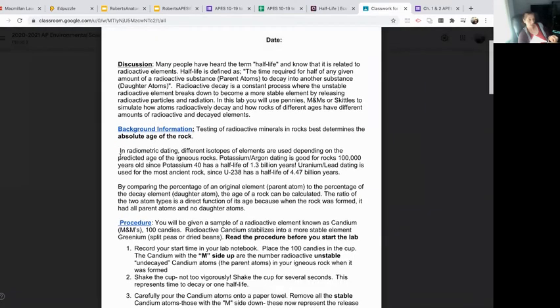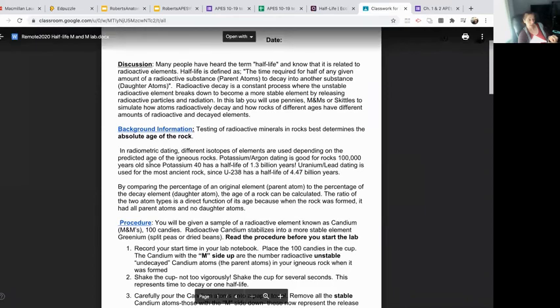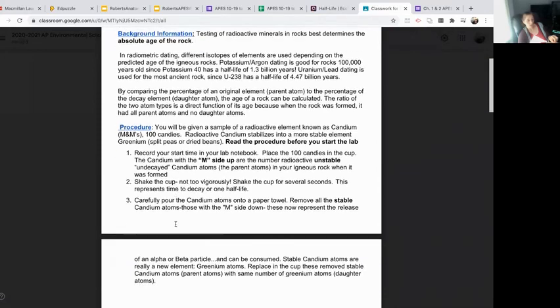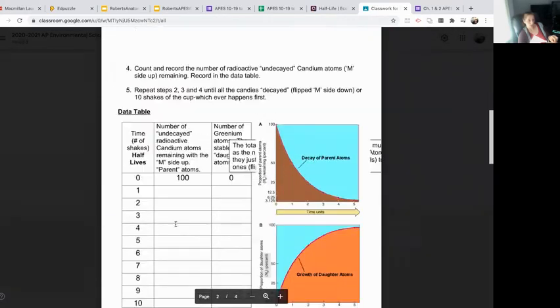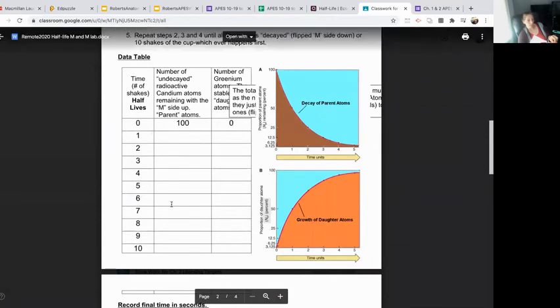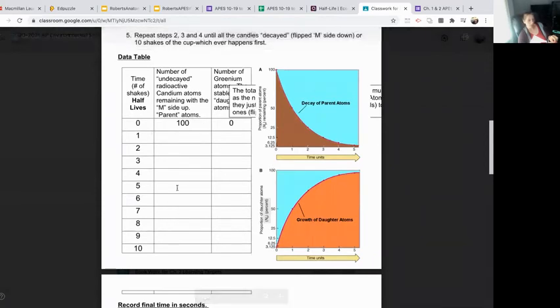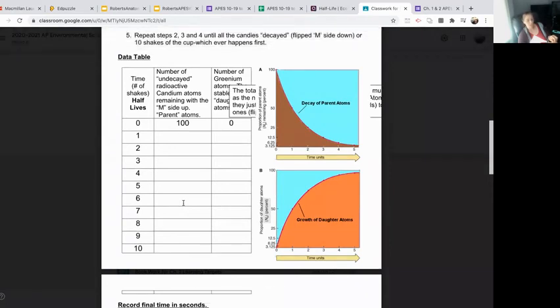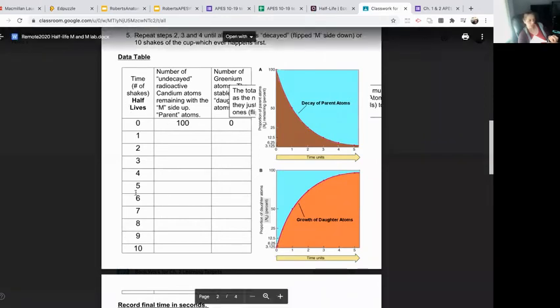Then the next person reads the background information, and then read your procedure. Okay, and then you are going to start shaking all of your atoms and filling this out. I am going to be jumping in and out of rooms to hear you reading and to answer any questions. It takes about 5 minutes to get through usually 10 half-lives.